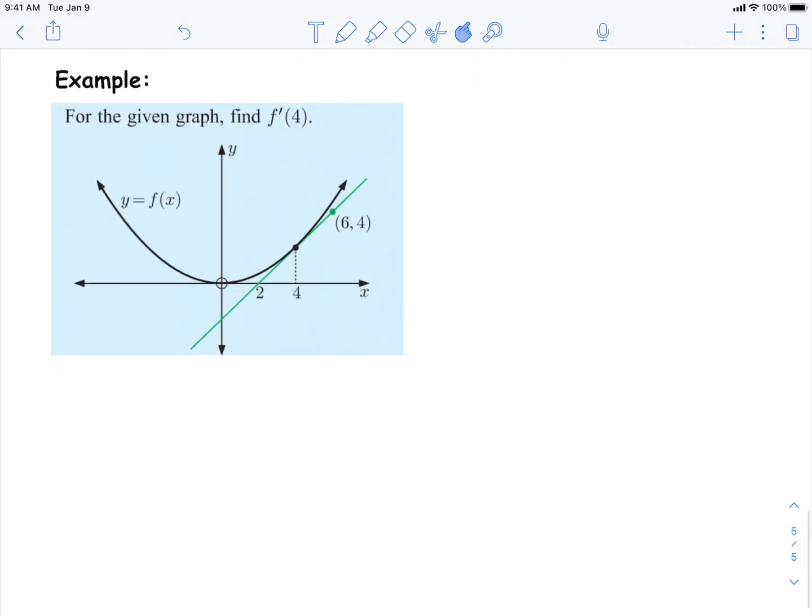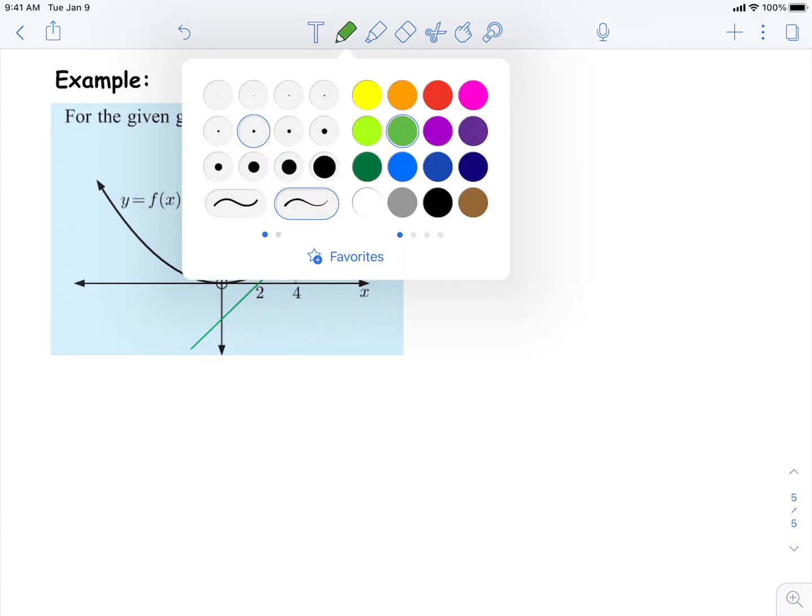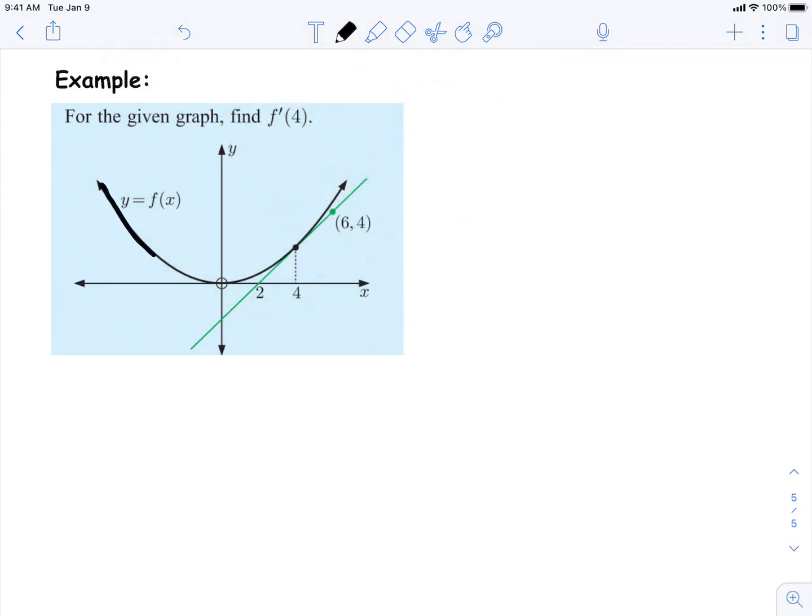All right, here's another example. For the given graph, so here is our curve along here, and the curve looks like a parabola of some sort.